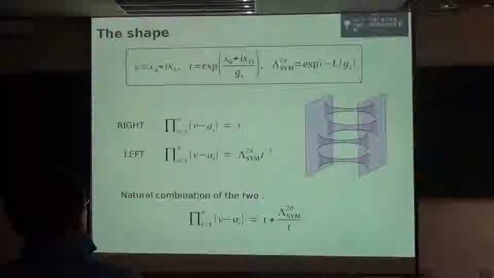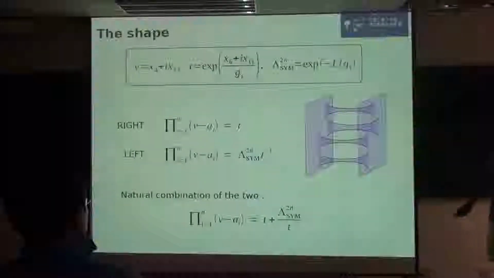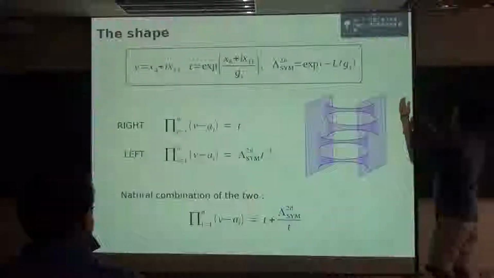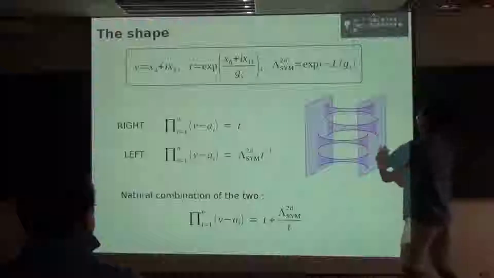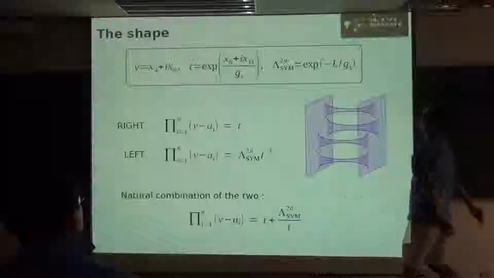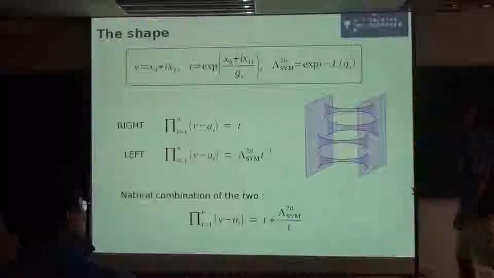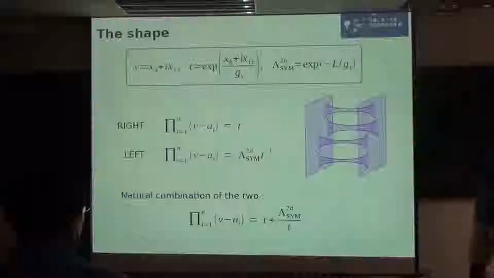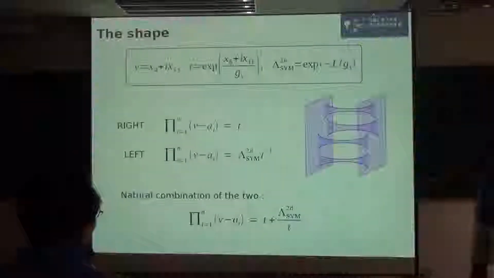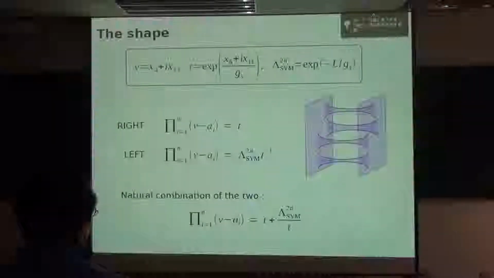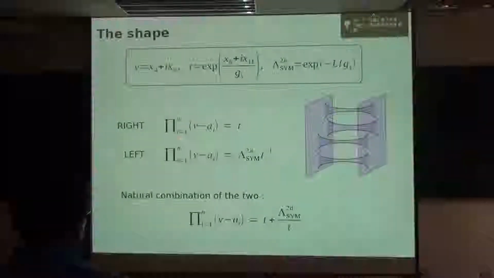Okay, so now let's look in more detail into the situation. We divide this object into left half and right half. Before introducing the D4 brane, the NS5 brane is just described by t equal constant. But since we introduced N D4 branes at v equal a_i, the shape of the NS5 brane is changed into this form.